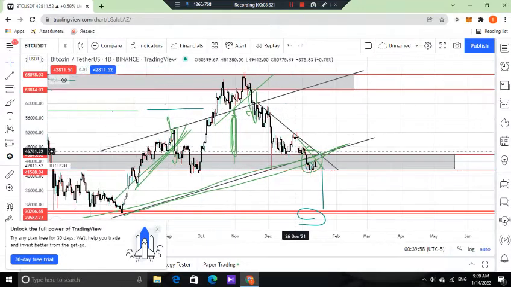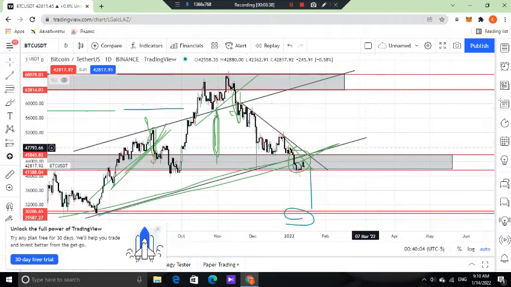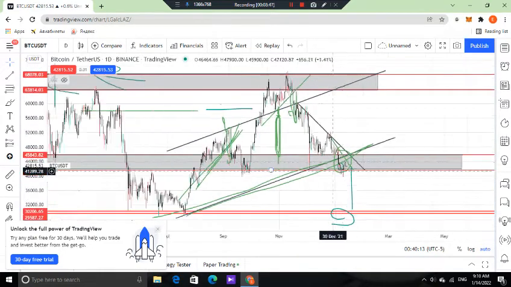But if we consider this one as a trend line, we already broke this trend line, and it also formed its pullback.